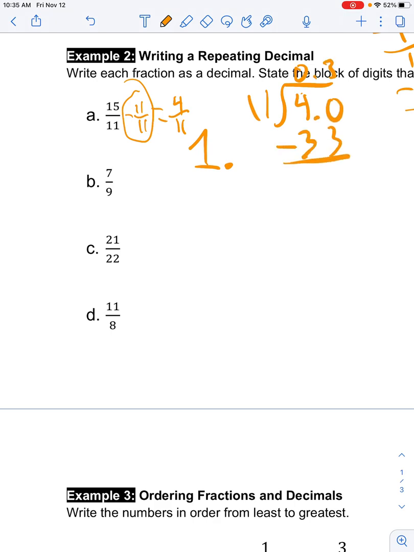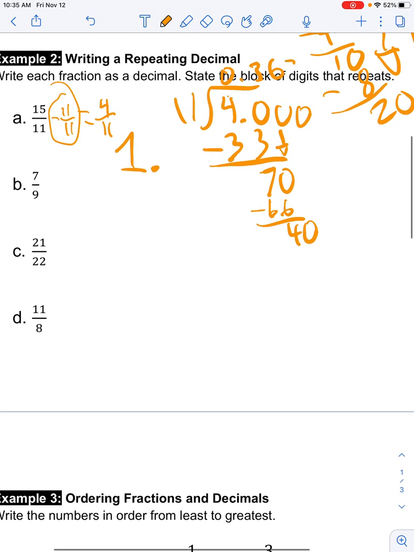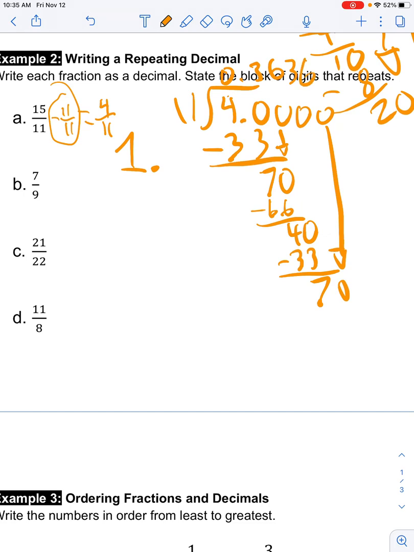So I already know that my decimal is going to have a 1 point something because I used 11 11ths. So I'm just going to work and figure out the decimal of 4 11ths. So 4 divided by 11, 0. 11 goes into 40 3 times. 33, 7, 0. Bring it down. 11 goes into 70 6 times. 6 times 11 is 66. Get another 4, 0, 40. Goes into there 3 times, and you'll start to see, hey, it's going to start repeating as we keep getting the same numbers. 36, 36, 36, 36.